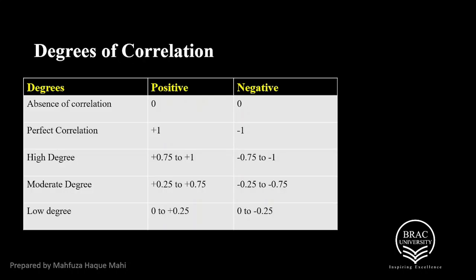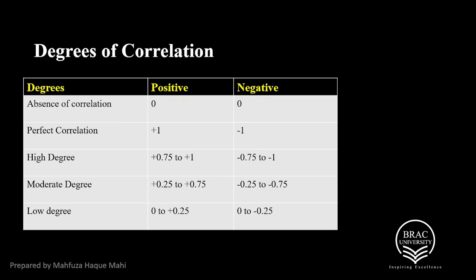Now, if we want to see the strength of the relationship between the variables, we can observe it from the degrees of correlation. If r equals 0, it means there is absence of correlation. If r equals +1, it implies that there is perfect positive correlation, and r equals -1 implies that there is perfect negative correlation.